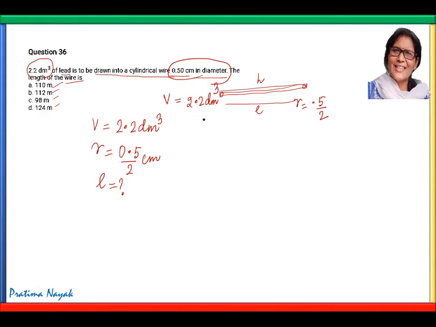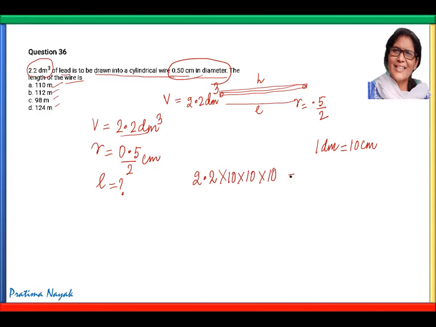Then what I'll do, I'll convert this decimeter cube into centimeter. How to convert this? 1 decimeter is equal to 10 centimeter. So I'm writing this 2.2 decimeter cube, which means I'll multiply 10 into 10 into 10.